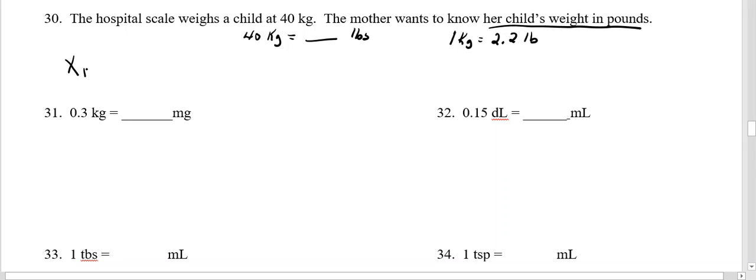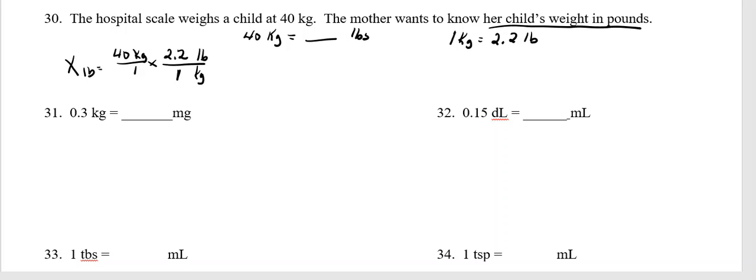So I'm looking for pounds, and then what I know goes on top. So 40 kilograms over 1, and I'm going to pounds. So with kilograms on top, kilograms goes to the bottom, pounds will go to the top. And then I know that 1 kilogram is 2.2 pounds.